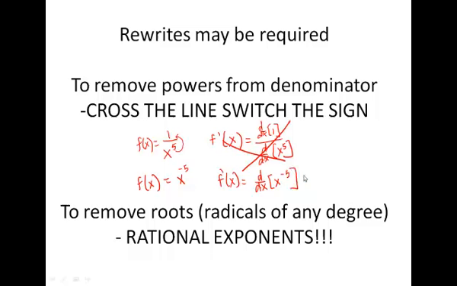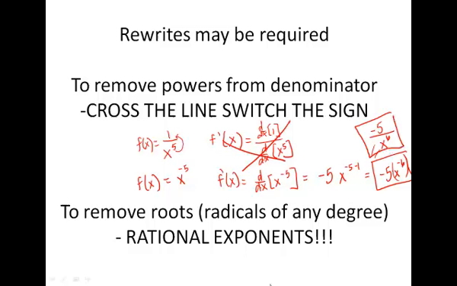Now that it's a power, you can bring down that -5, x, and then -5 minus 1. This whole thing is going to be -5x to the -6. There we go. And if you want to rewrite that, you can take your -5, that stays the same, but now your power can cross the line, change the sign back, and this is what you have.